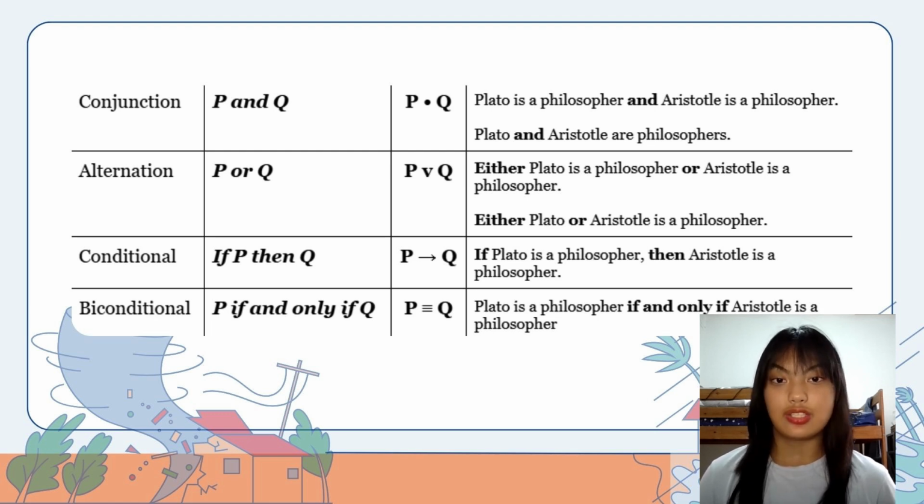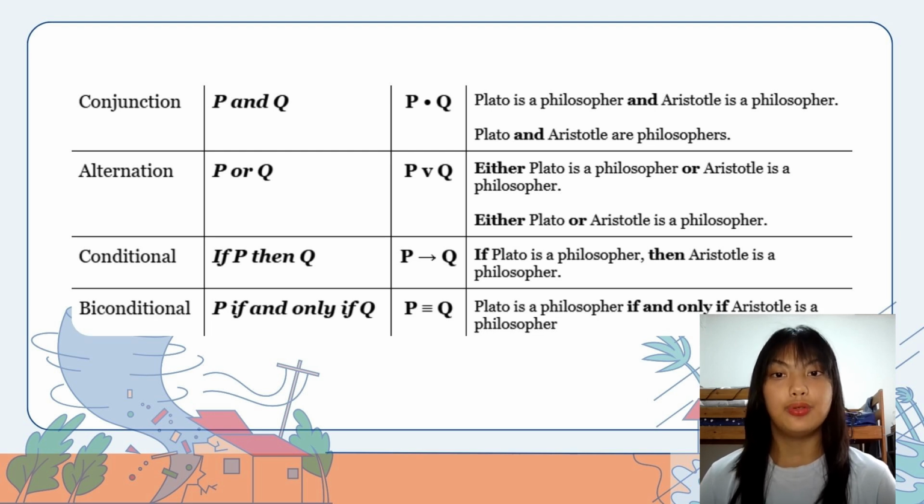Now, instead of a conjunction, let's use the alternation symbol v. P v Q. This reads either P or Q, since v is the technical symbol for alternation, and alternation is the technical representation for the either/or connecting word. We can do the same for conditional.